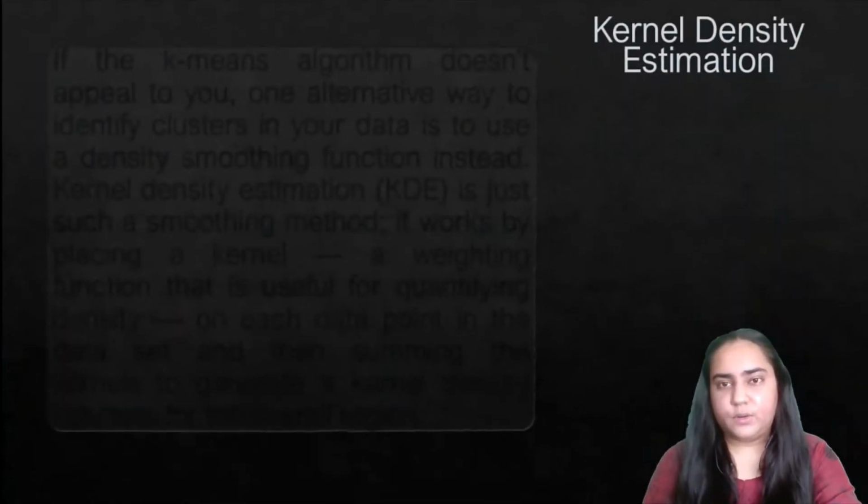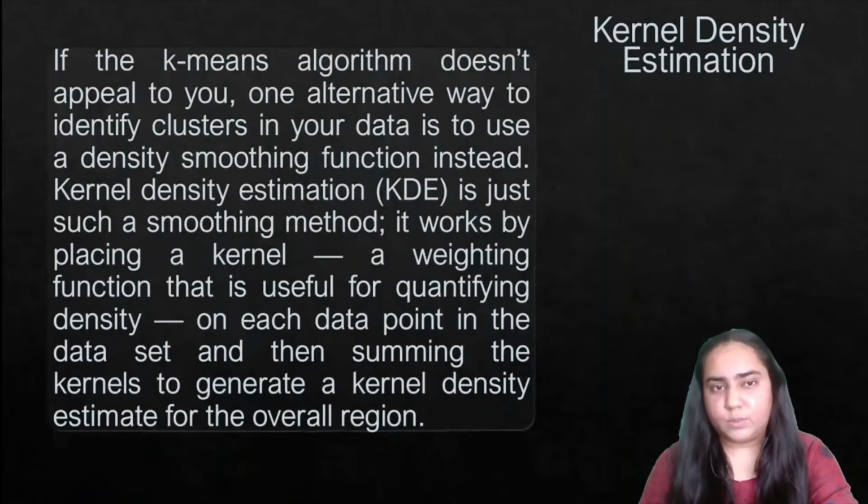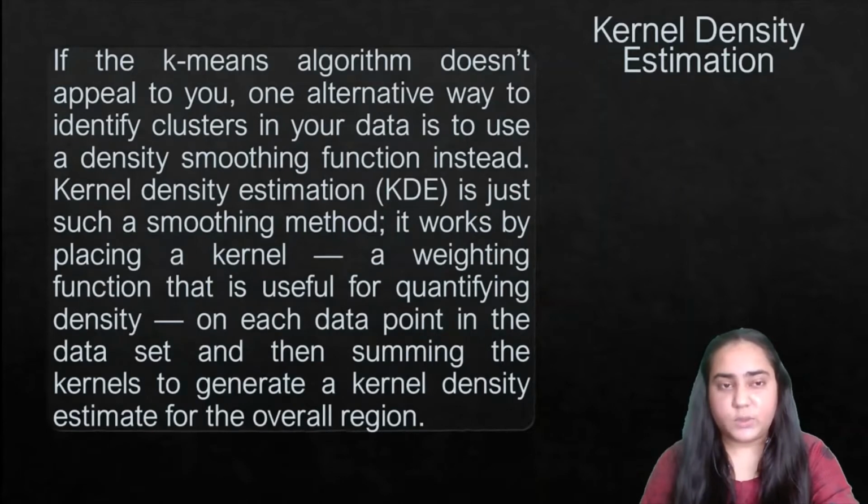So the first algorithm is kernel density estimation. If the k-means algorithm doesn't appeal to you, one alternative way to identify clusters in your data is to use a density smoothing function instead. This is all about a density smoothing function, where the points that you have are merged together instead of being separated.